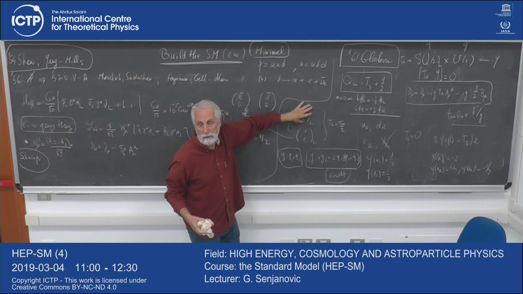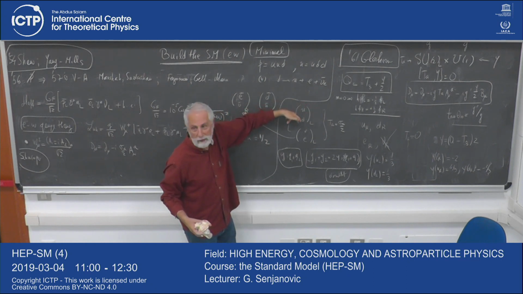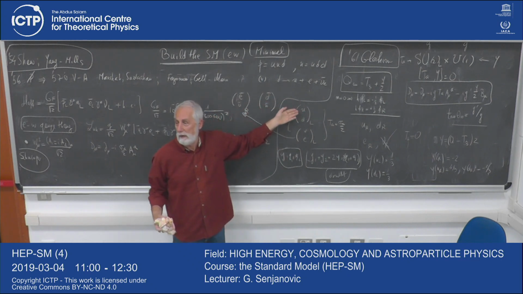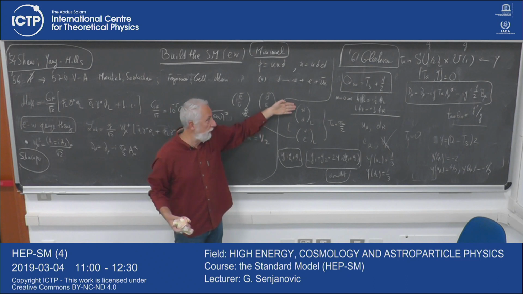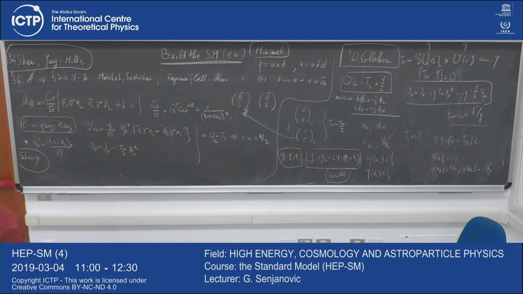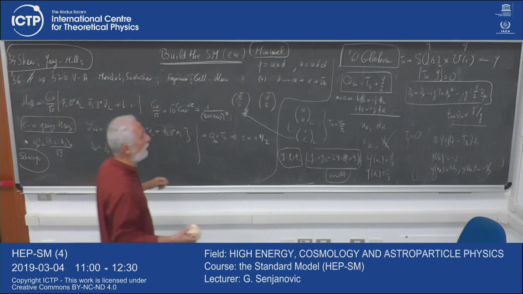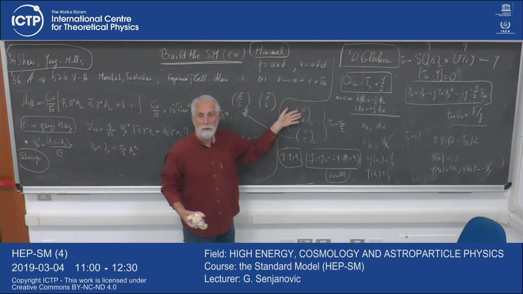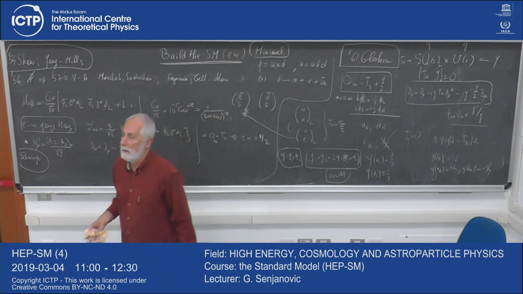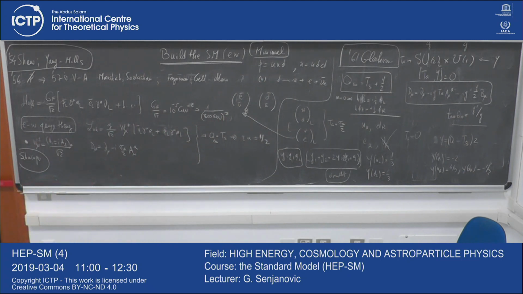That's why they have the same hypercharge. For example, these two guys must have the same color. I'm simplifying our life. There are actually 3 up quarks and 3 down quarks, but they had better have the same color, because the W boson carries no color. The W boson is blind. It cannot see color. So I don't have to write color. It's color blind, we can say.